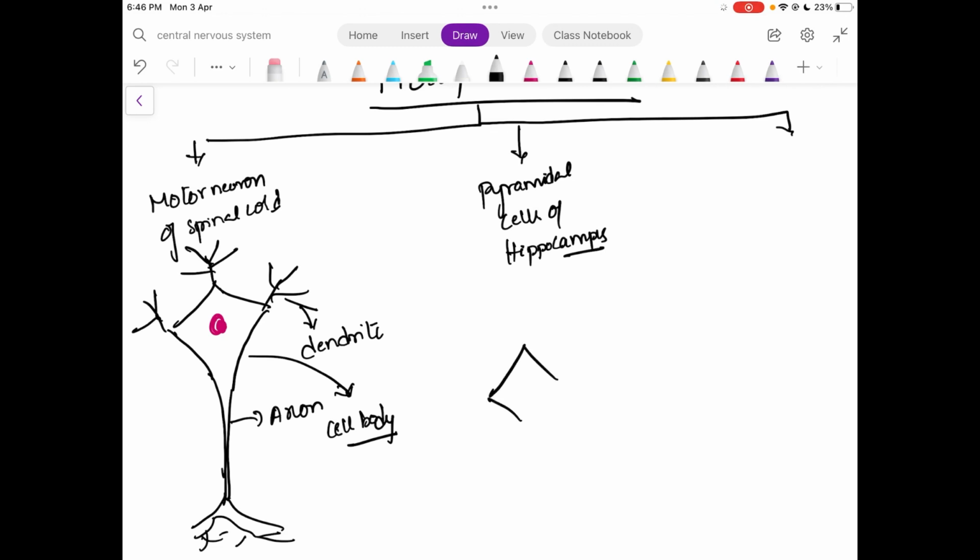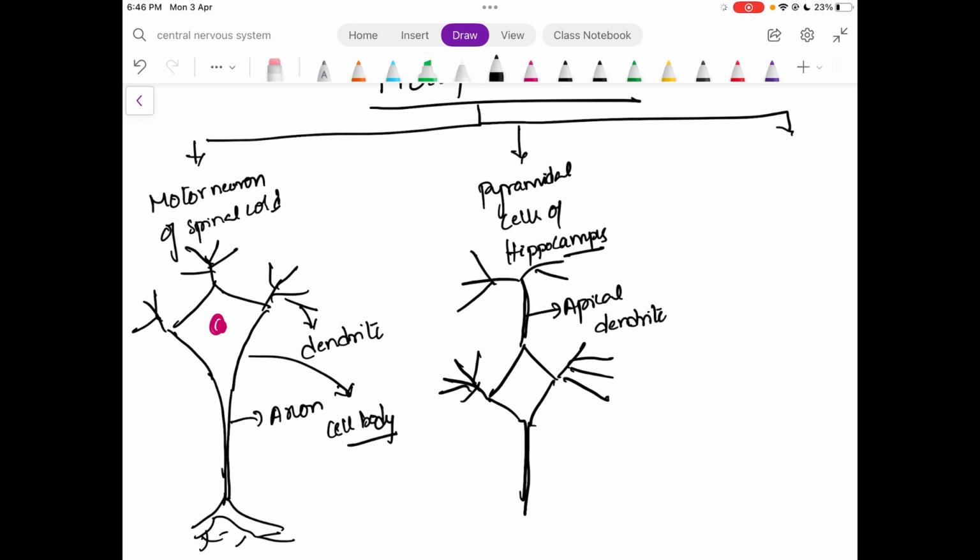The cell body will be like this, and they will have an axon, and they will have basal dendrites, and from this cell body there will be an apical dendrite, and this apical dendrite will ramify.